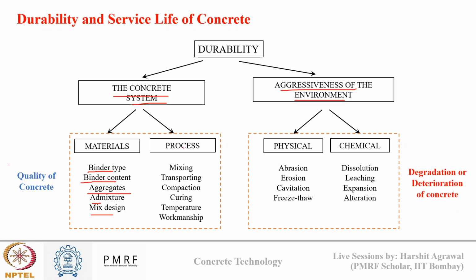The process post mixture design till setting of concrete in a specific structural element also can affect the durability of my concrete system, like mixing, transporting, compaction, curing, temperature, and workmanship. So this is the concrete system effect on durability.